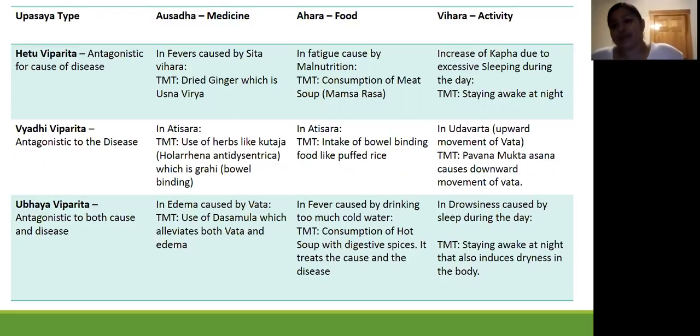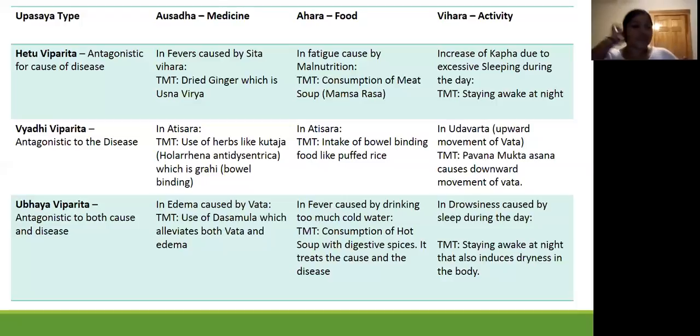When a person has diarrhea and they have, say, dysentery, or it's very, very bad, the first and foremost pressing issue is the fact that they are losing a lot of fluid because of this diarrhea. So sometimes the first thing you need to do is stop the diarrhea. Okay, and one way to stop the diarrhea is by using herbs that are grahi, that are bowel binding, that stop the expulsion of bowels. Once you stop that, then you can try to address the causative factor, the nidana. But if you try to address the nidana while this is happening, it's not really going to help at all.